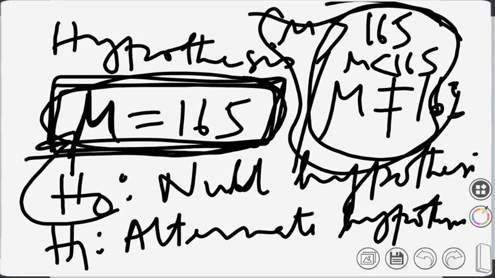If the alternate hypothesis suggests that the population mean mu is not equal to 165 centimeter, or greater than or less than, that will be a vast range of values which we will be accepting with the alternate hypothesis. So these are the definitions of null hypothesis and alternate hypothesis.